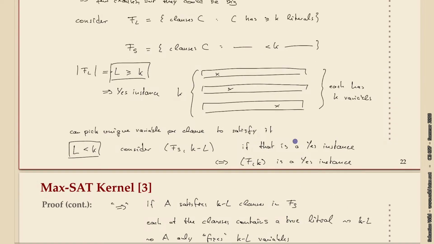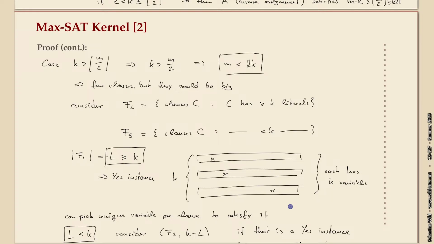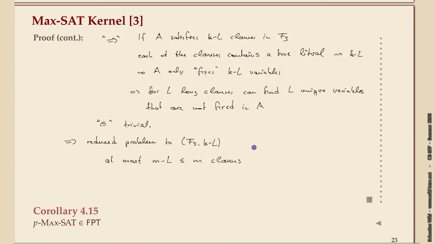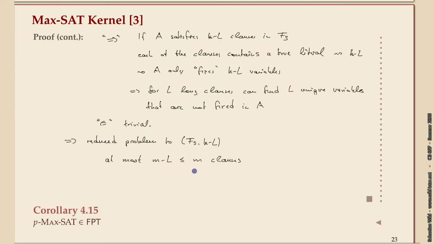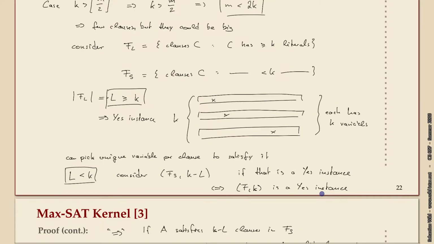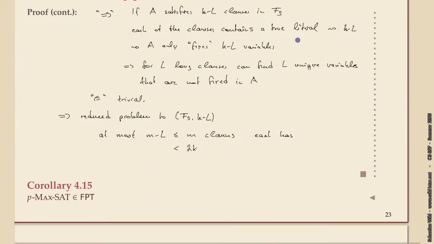But remember what we learned about that. If we're not in the boring case, then this is at most 2 times k. And each has strictly less than k variables, indeed literals, because we're only looking at the short ones.